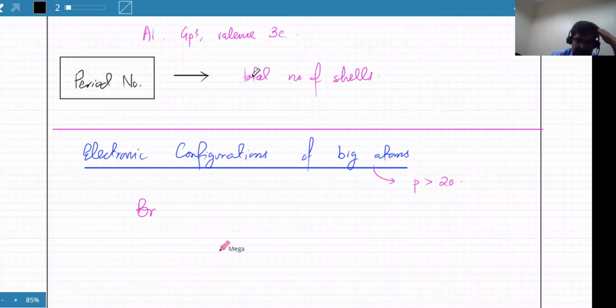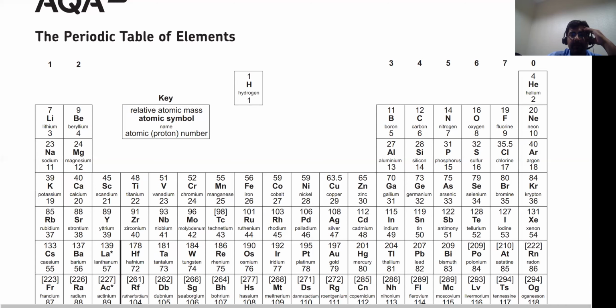So how do we write the electronic configuration? Bromine has 35 electrons, right? It's 35 and 80. It's given in the periodic table. Where's bromine? Bromine is over here. The first thing is I can't really figure out the electronic configuration straight away. What I'm going to do is take help from the group number and the period number.